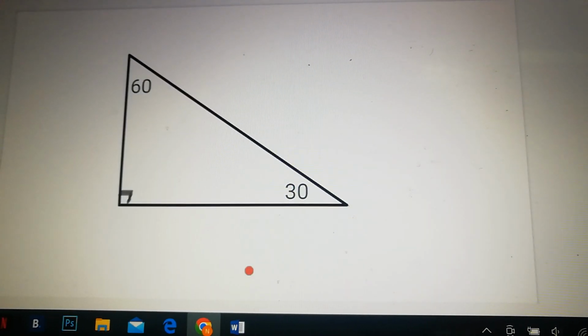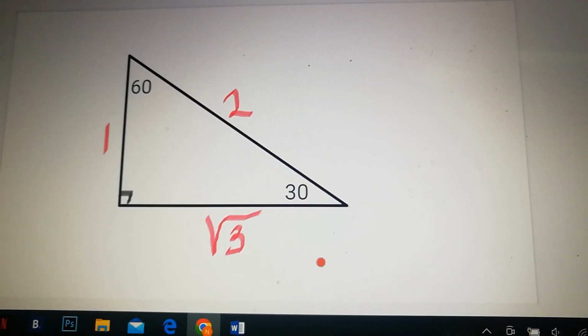Next, how about if the longer leg is given? Okay, we will base again from square root of 3, 2, then 1. Given the longer leg, how do you find the shortest side? We just simply divide by square root of 3.